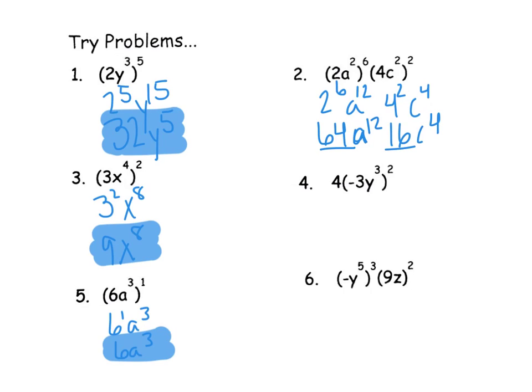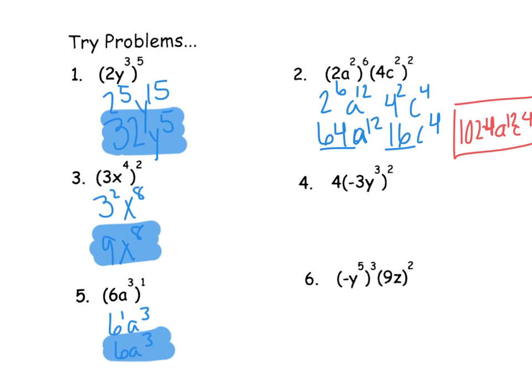I can combine 64 and 16 by multiplying them. 64 times 16 is 1,024. So what your answer is going to look like is 1,024, a to the 12th, c to the 4th. And that's it.